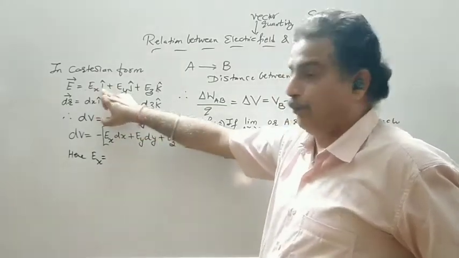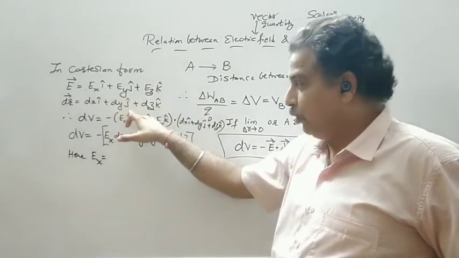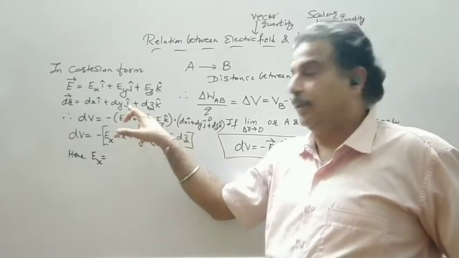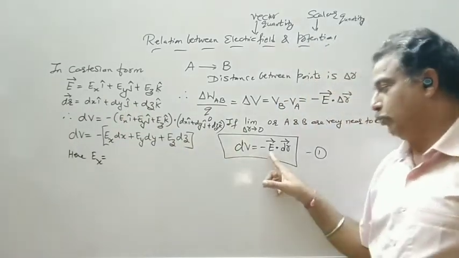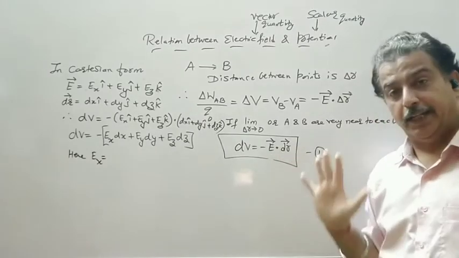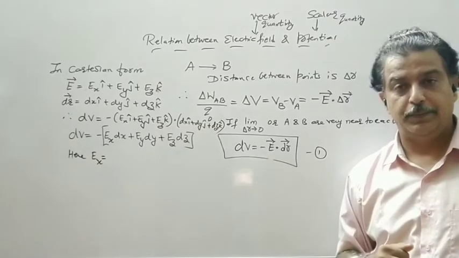Electric field i component, you are moving in the y-axis, so using this equation it becomes i dot j. So it comes out to be 0.